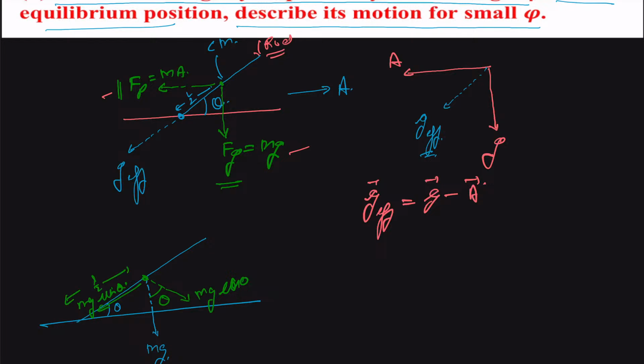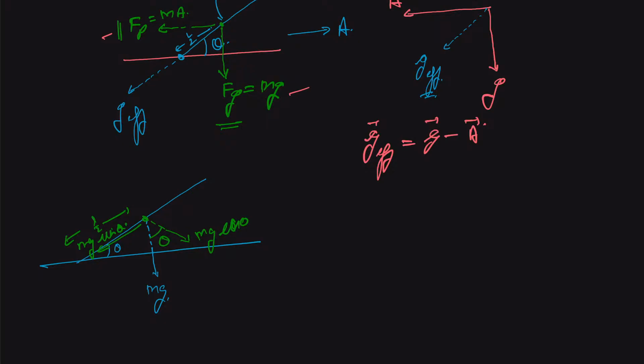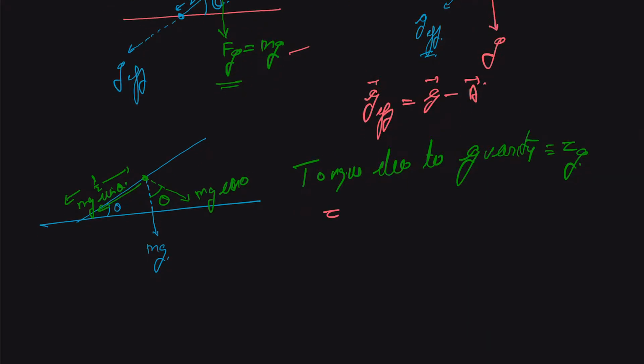Therefore the torque because of gravity, let us suppose it is tau g, will be equal to the perpendicular force, that is mg cos theta, multiplied by the lever arm, that is L by 2.